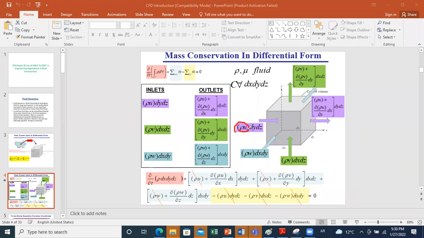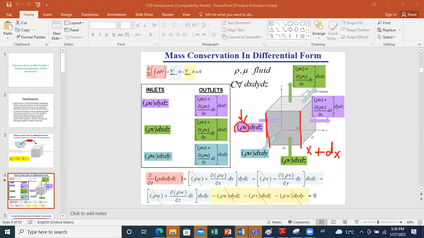So if I know that at position x the value of the function is rho times u, I can say that the value of this function at x plus dx is equal to rho u plus del rho u by del x dx.